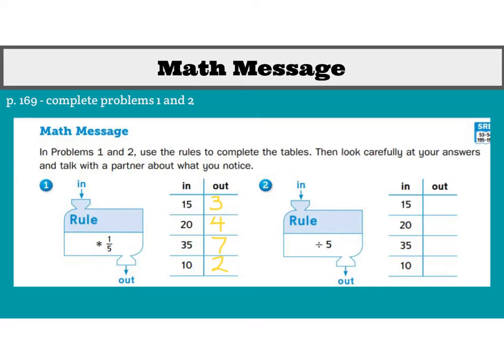So let's take a look at the first problem with our in and out table. You'll notice, which I'm sure that you did when you went to do this in your workbook, that our rule is times 1/5. So when we look at the first one, 15 times 1/5. Well, you might or might not know how to complete that problem.